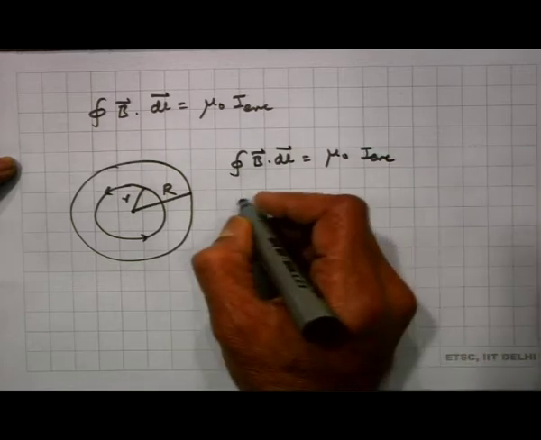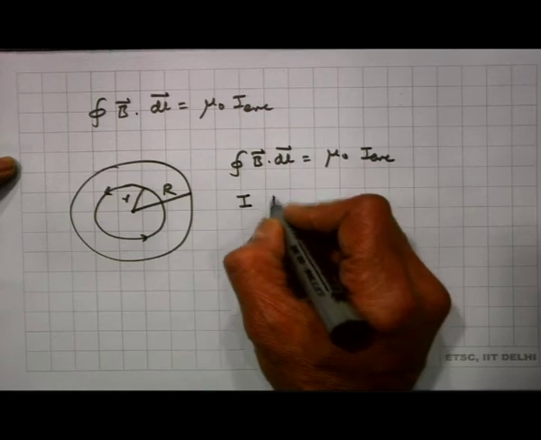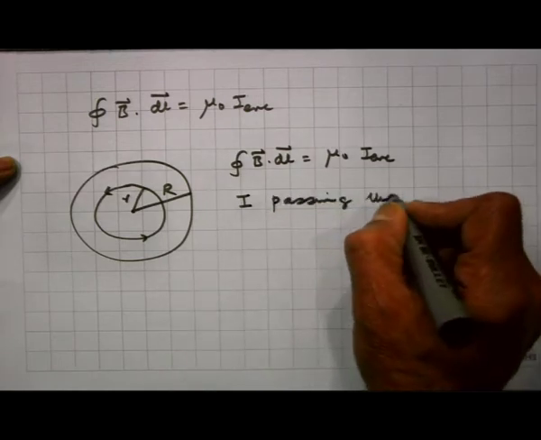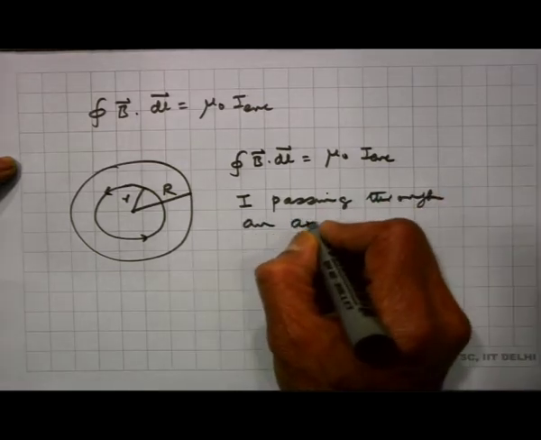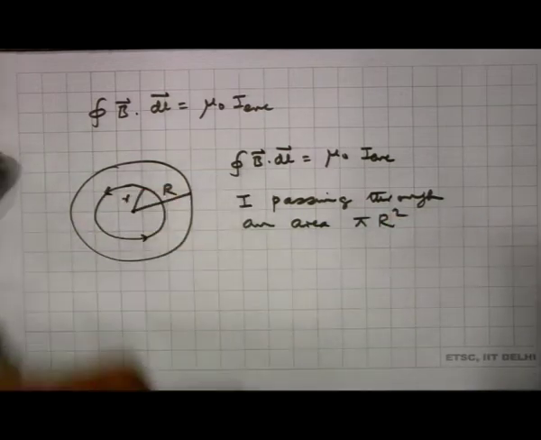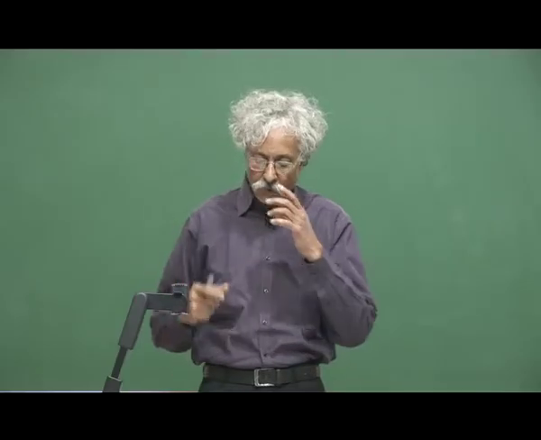Now, I am having a total current I passing through an area pi R square. The total area of the wire is pi R square, and the current is distributed uniformly across the wire.